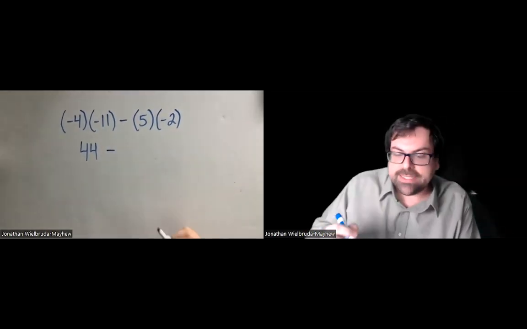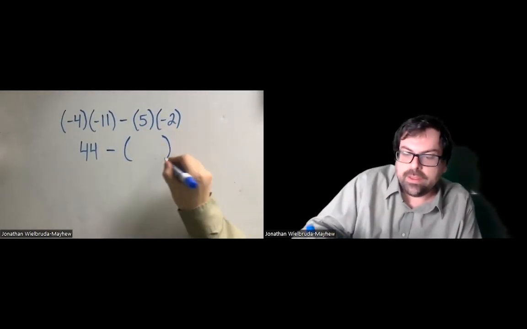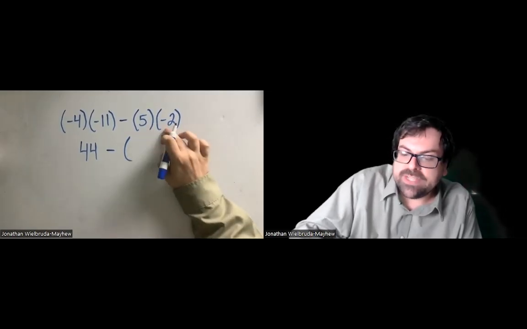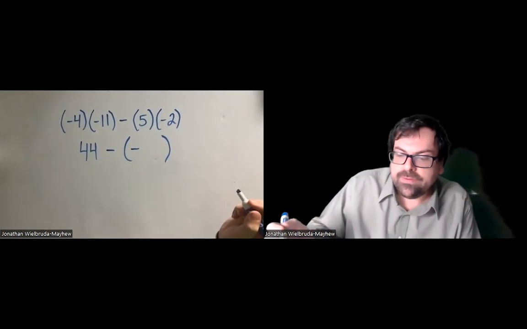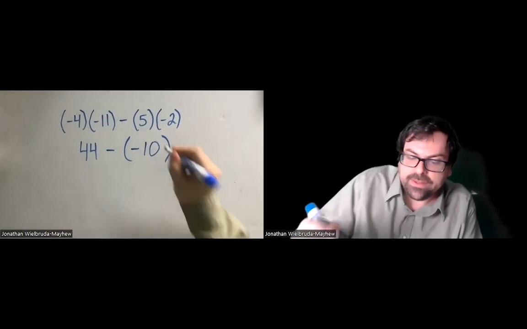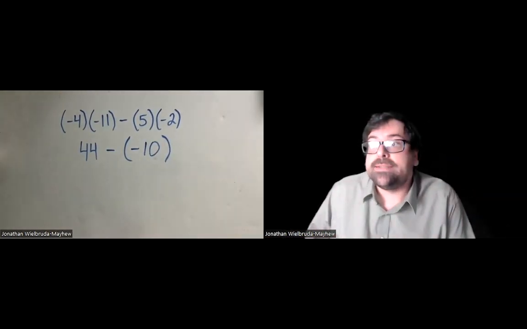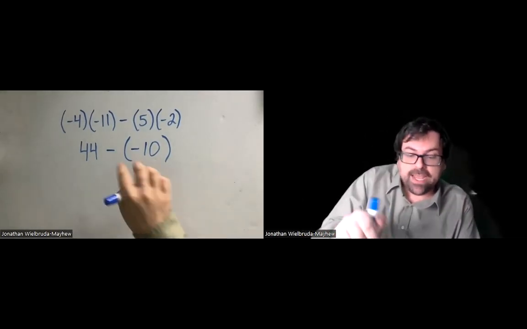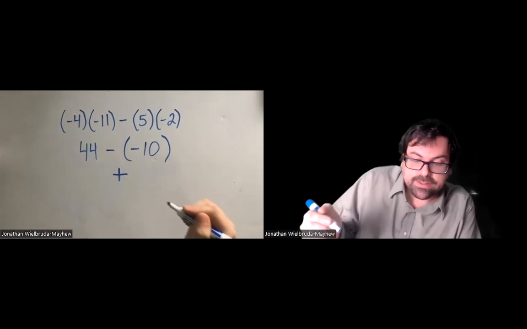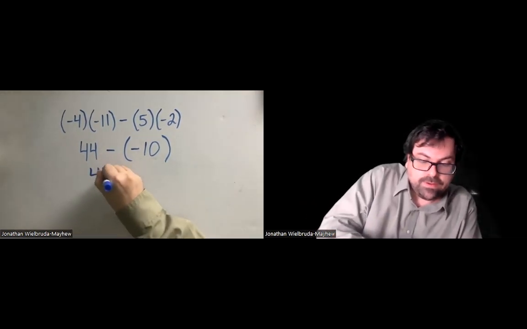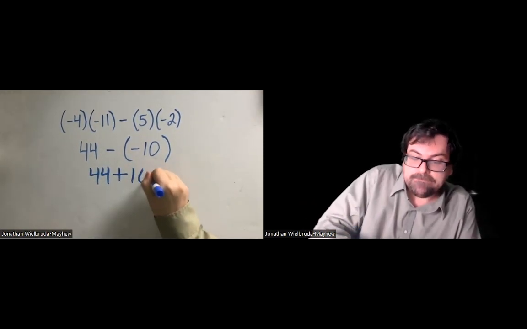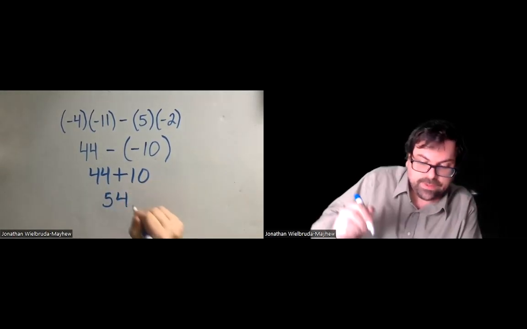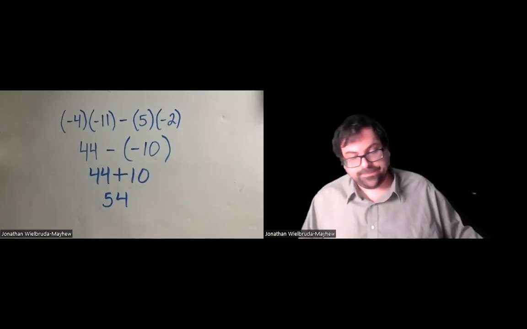Then we are subtracting 5 times negative 2. Positive times negative is negative. 5 times 2 is 10. So we have 44 minus negative 10. Just like we did last time, minus a negative turns into a plus. 44 plus 10. We get 54.